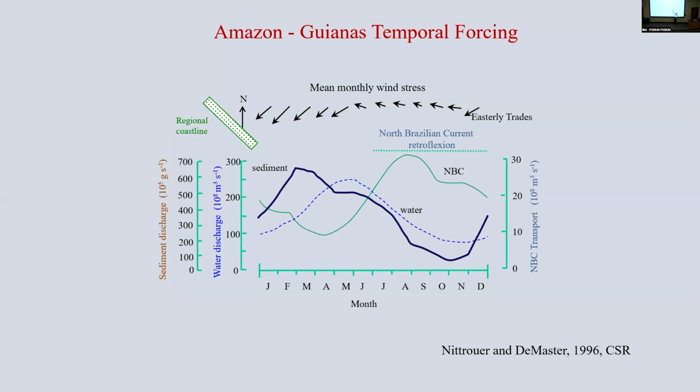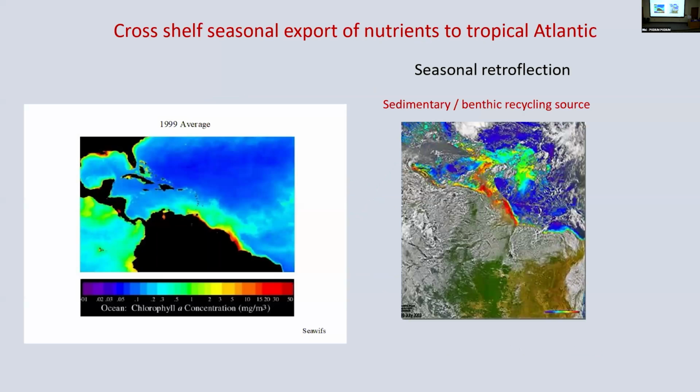The other thing that's very important for interaction of this system with the open ocean is what's called the North Brazilian Current retroflexion, which I'll show you a picture of in a minute. That part of the year, the whole part of the coastal system retroflects across the Atlantic and injects all sorts of things into the middle of the Atlantic Ocean that are derived largely from the sediments on the shelf.